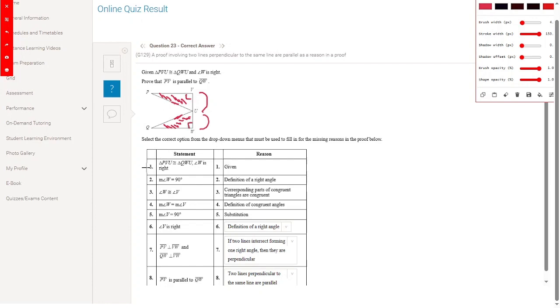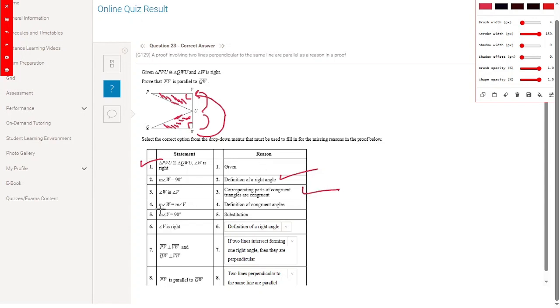Now let's see the statements here. The triangle BVW is congruent to QWV, and W is right. Okay, this is given. Now the measure of angle W is 90, by the definition of a right angle. And angle W is congruent to angle V because corresponding parts of congruent triangles are congruent.